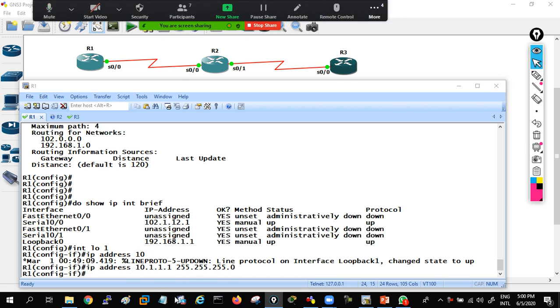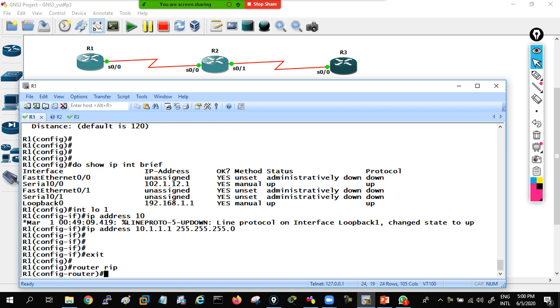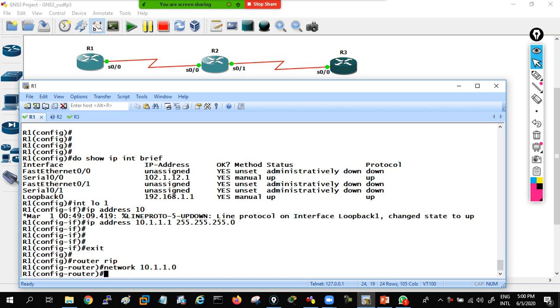You will say router rip, then network 10.1.1.0. You need to type network and the network ID. The network ID for this is 10.1.1.0.